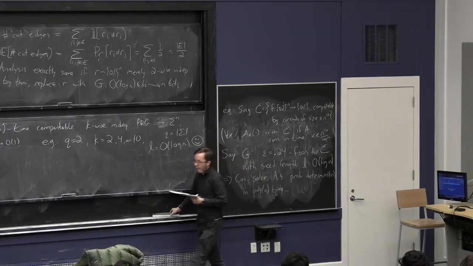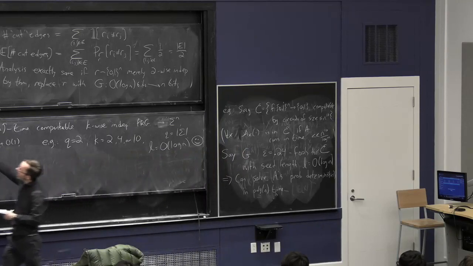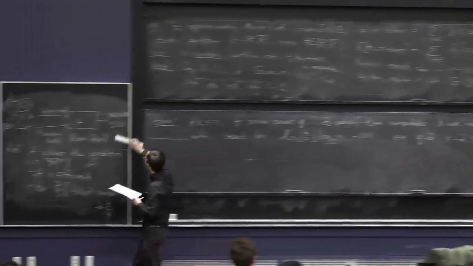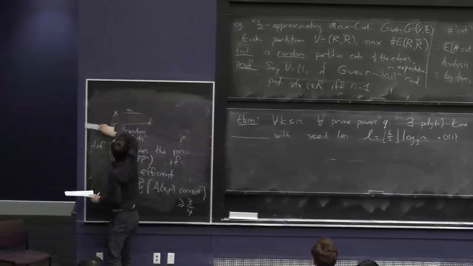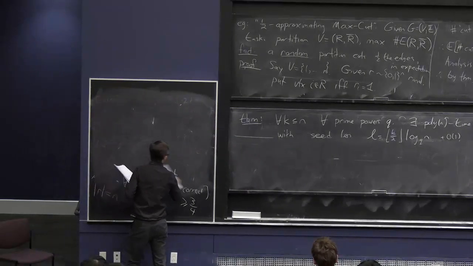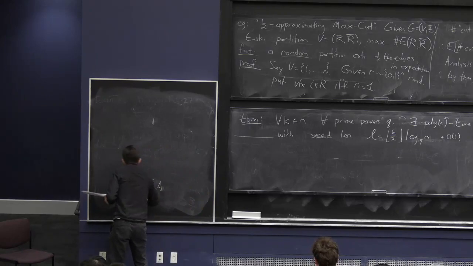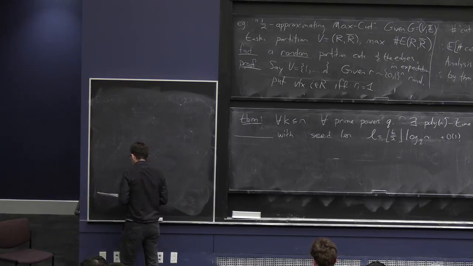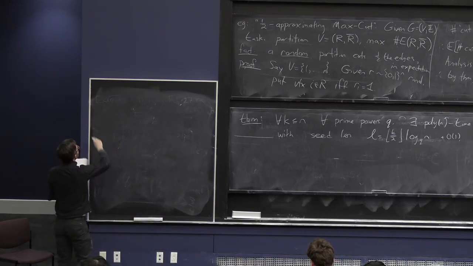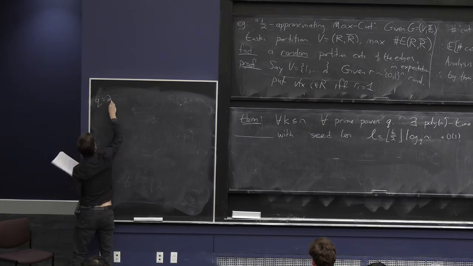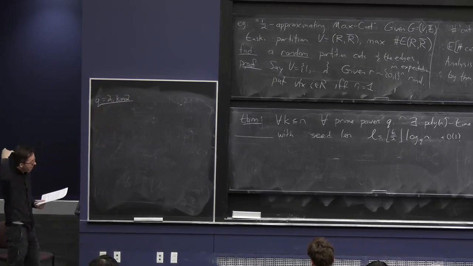Okay, so let's see a little bit about how we would prove this theorem. Here's where we'll start seeing connections to algebra and codes. Let's think about this particular theorem in the case of q equals 2 and k equals 2, which is the most basic and interesting case, pairwise independent bits.